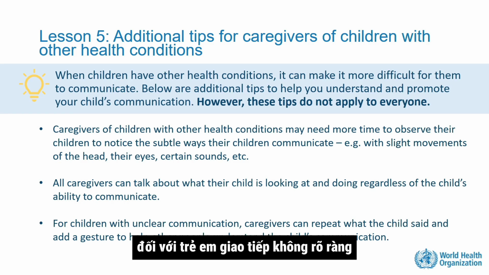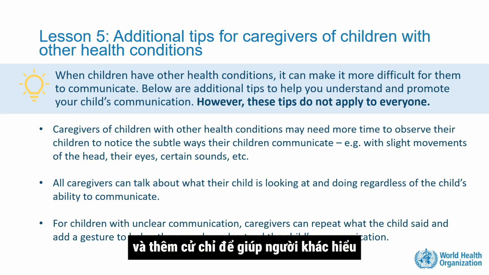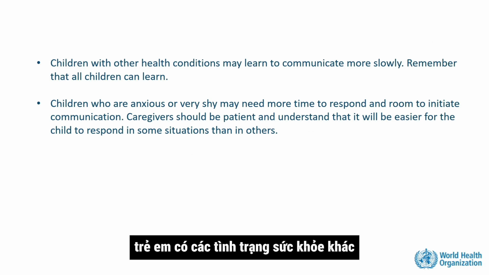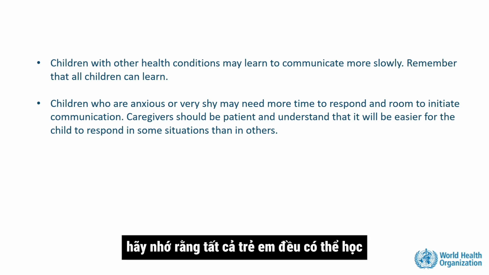For children with unclear communication, caregivers can repeat what the child said and add a gesture to help other people understand the child's communication. Children with other health conditions may learn to communicate more slowly. Remember that all children can learn.